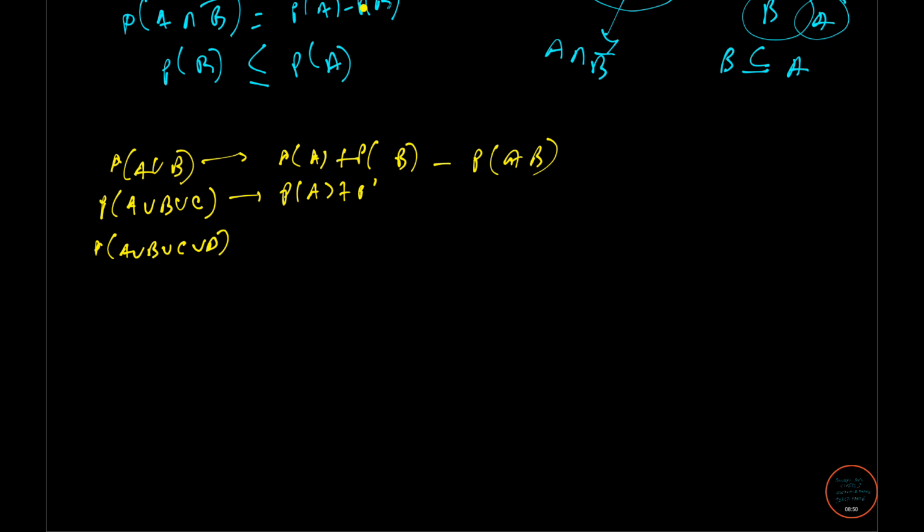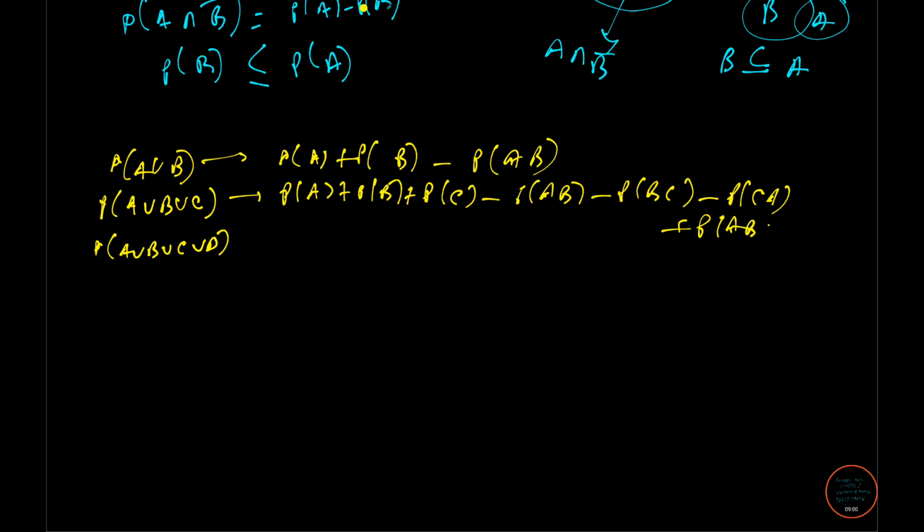This is A, this is B, this is C. This is AB, BC, CA, ABC. You see there is a pattern. First these singles, then you take two together, then three, then the product of two, then three. So here also it will be starting with P(A), P(B), P(C), P(D).